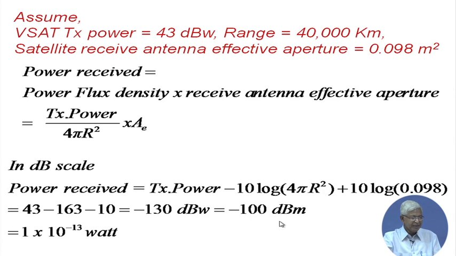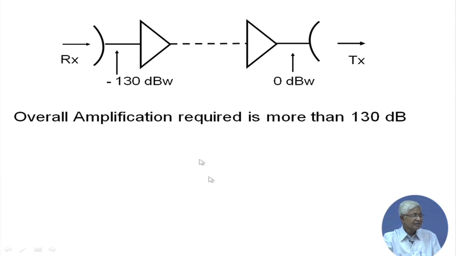In terms of watt, if you put this dBW in terms of ratio, it comes to 1 into 10 to the power minus 13 watt. You just see, 10 to the power minus 13 watt is the level of signal even when you are transmitting 43 dBW. You can find out in ratio how many watts 43 dBW is. So, therefore, it is a very small signal that is received.